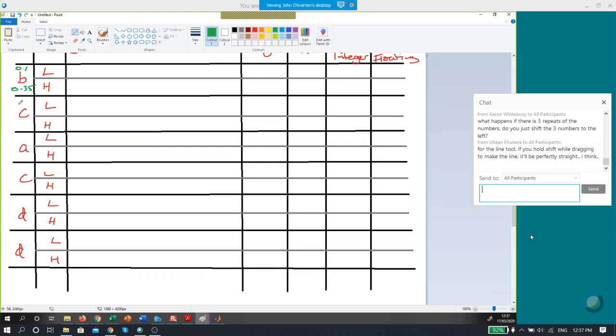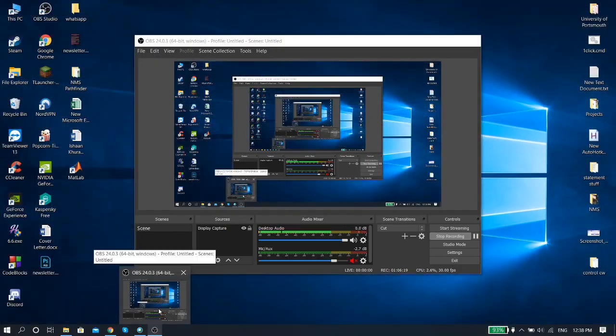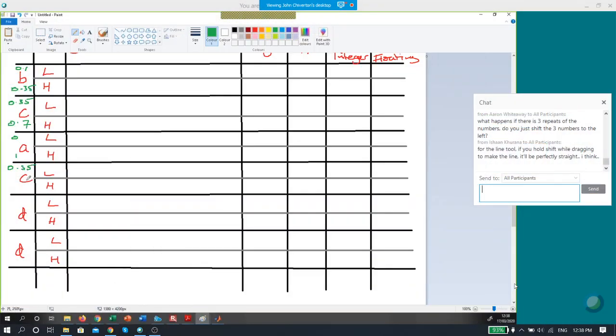Then we've got the next one for C, it's 0.35 up to 0.7. And then we've got a 0 up to 1 and 0.35 to 0.7 again. And these two are 0.7 up to 1 now. So that's 0.1 obviously. A. So 0.7 to 1.